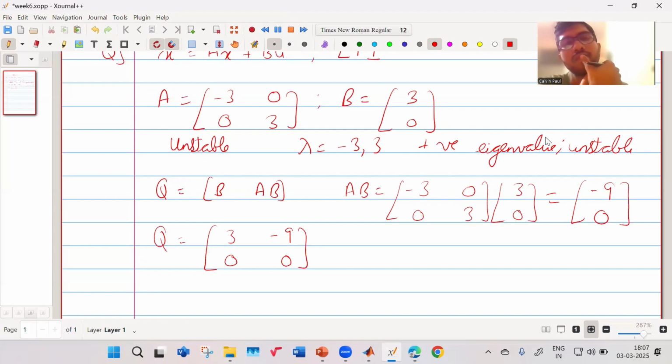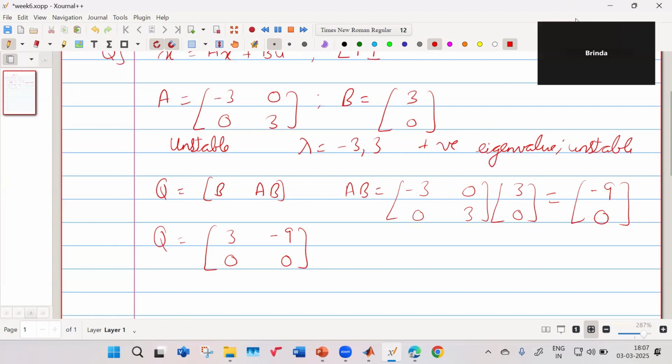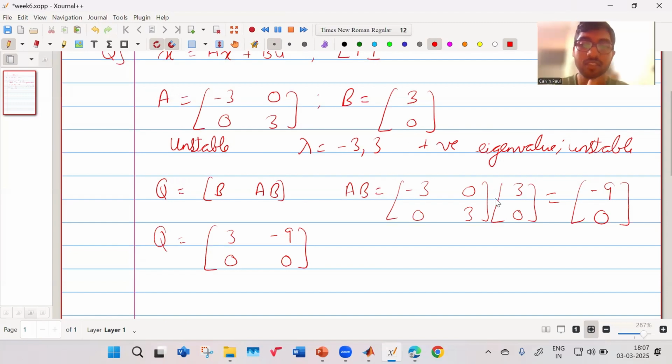No, the determinant is 0, so it is uncontrollable, right? So we cannot control the system. That means we cannot use any state feedback gain to control the system, right?